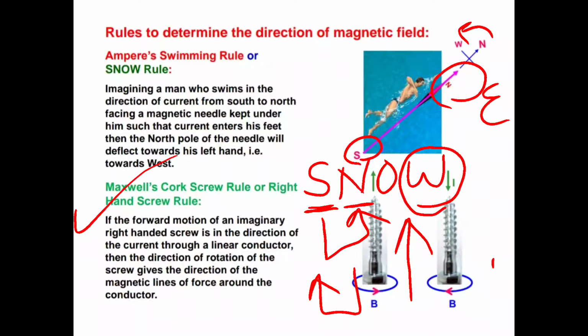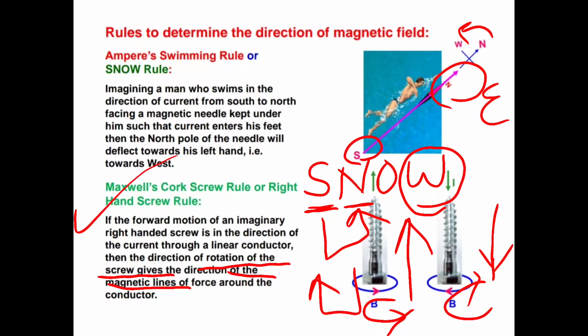If the forward motion of the right handed screw is in the direction of the current through a linear conductor, then the direction of rotation of the screw will give the direction of the magnetic field lines. If it rotates like this, this will be the magnetic field direction. Or if the current is moving in the downward direction, then it will rotate in this direction. So this will be the direction of the magnetic field.